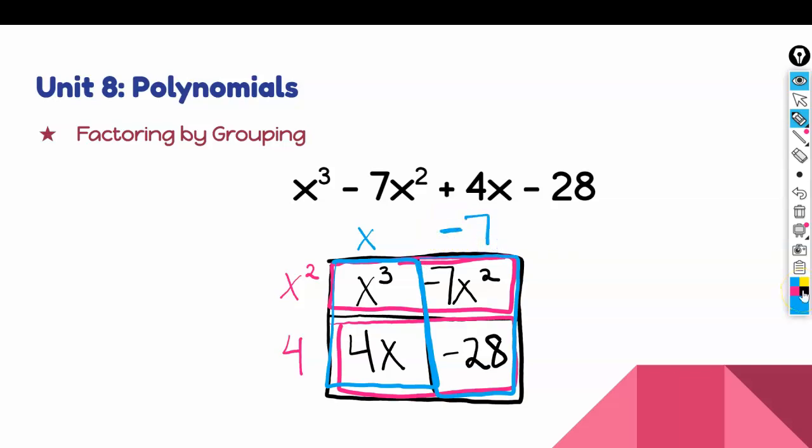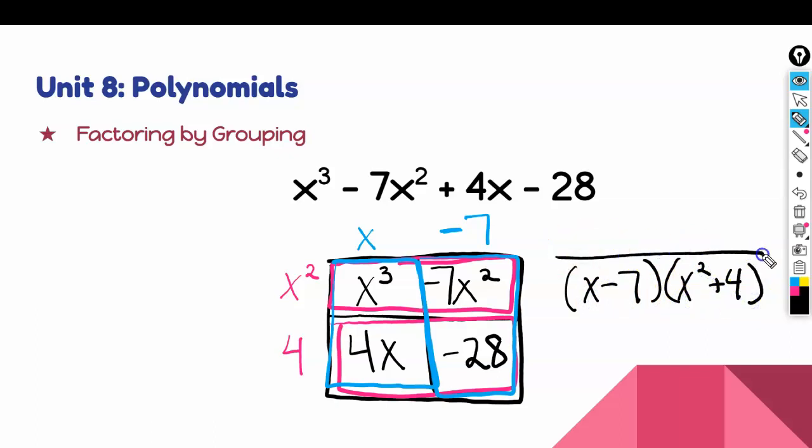And so these terms on the outside, they are the answer. I've got x minus 7 times x squared plus 4. And that's it. It has been factored by grouping.